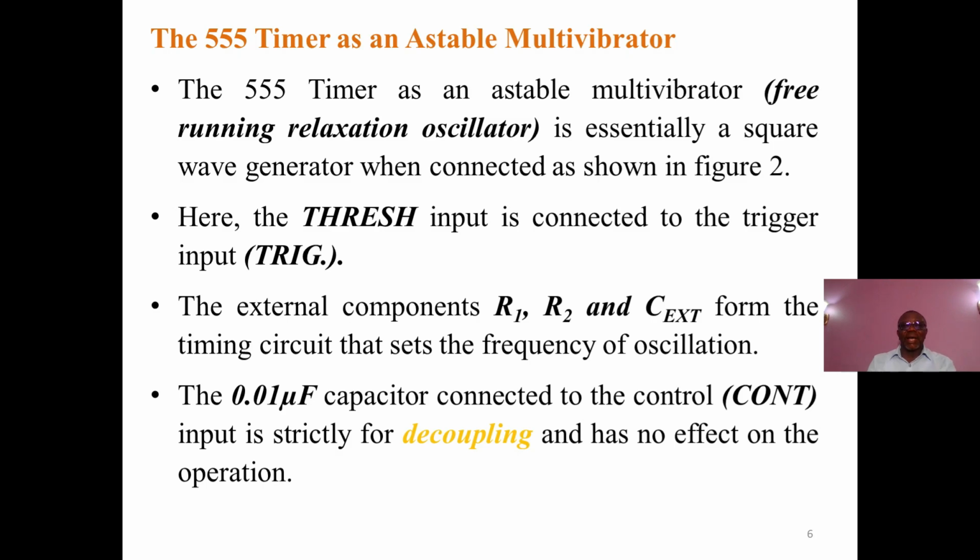This 555 timer that has that internal working diagram can be connected to act as an astable multi-vibrator or a free running relaxation oscillator. When it is connected as an astable multi-vibrator, it is essentially a square wave generator when connected as shown in Fig 2.